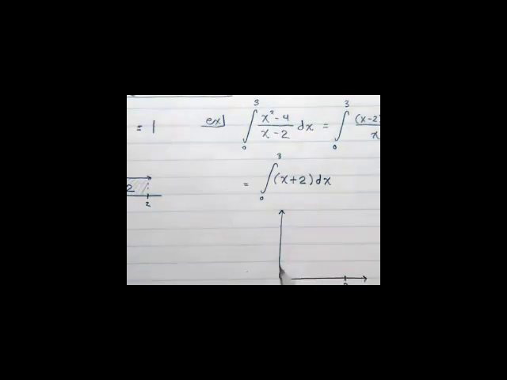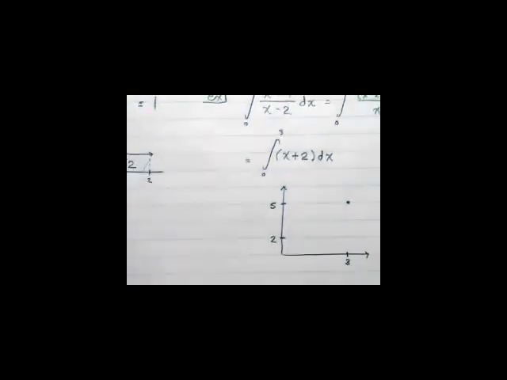All right, so we're going to start at 2, and we're going to end up at 3 plus 2. We're going to end up at 5. So we're going to go here to here. So we're really looking for this area in here.